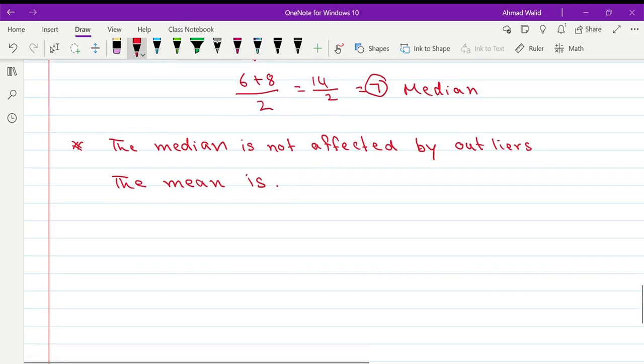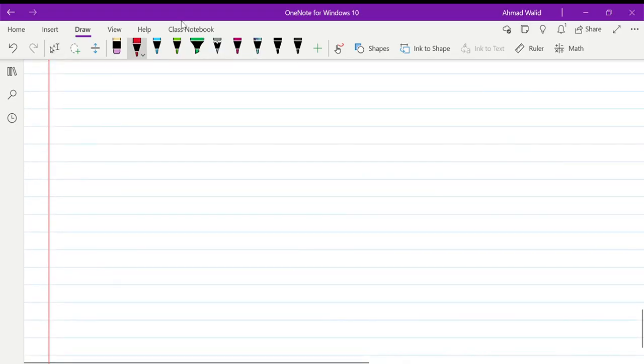The last part of the lecture, the third one, is the mode.